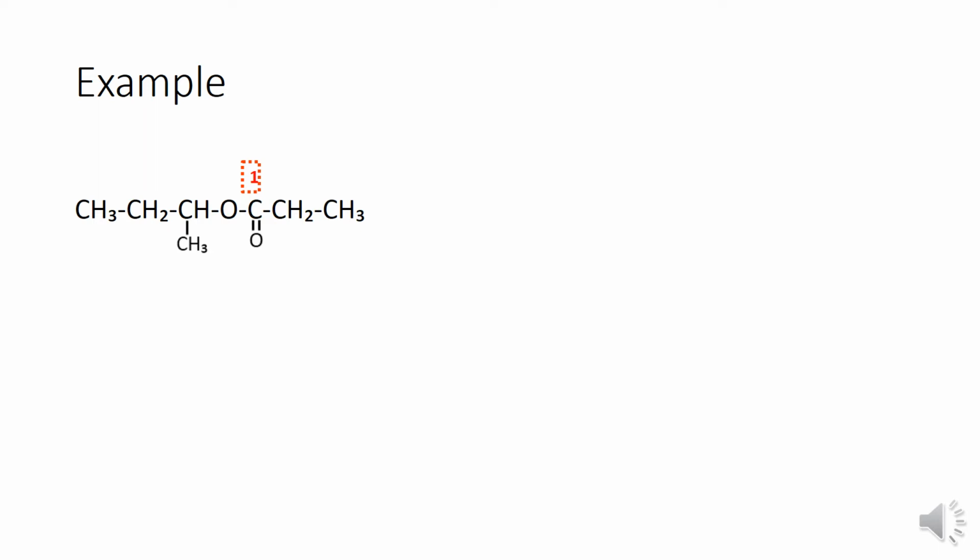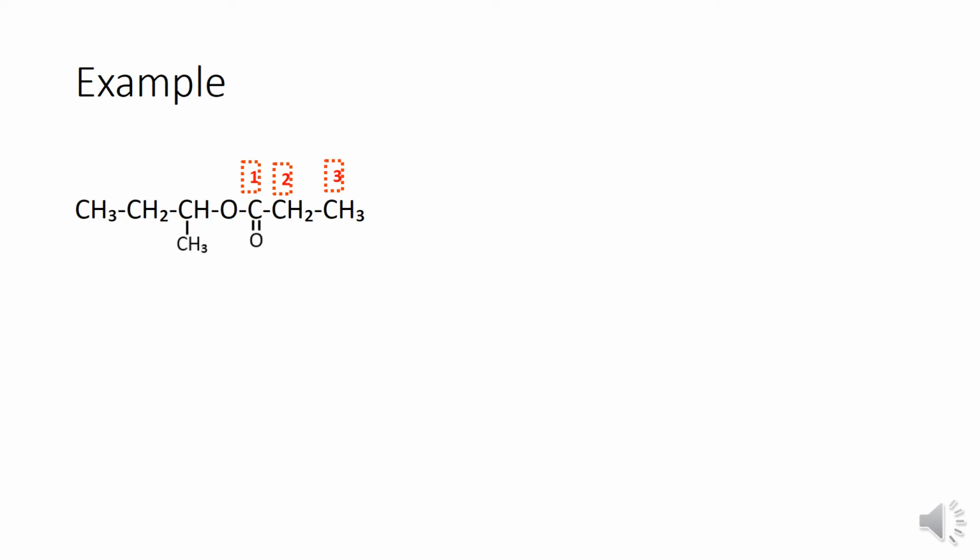This carbon is the first carbon in the acid. The consecutive carbons represent the whole chain of the carboxylic acid. In this case, we have 3 carbon atoms. Therefore, the acid is propanoic acid.